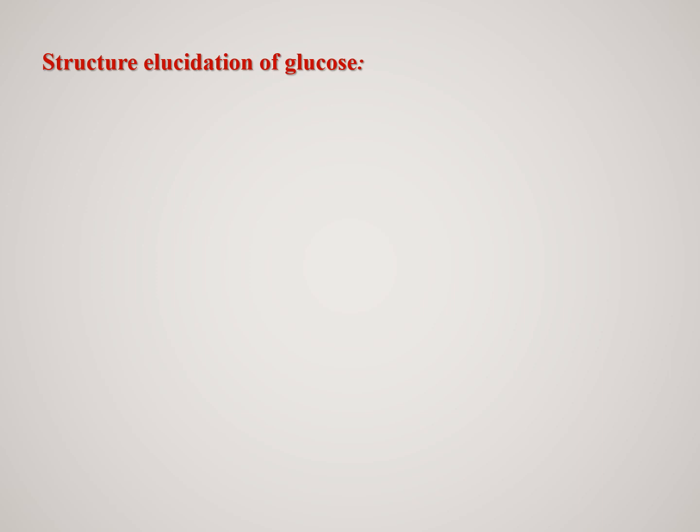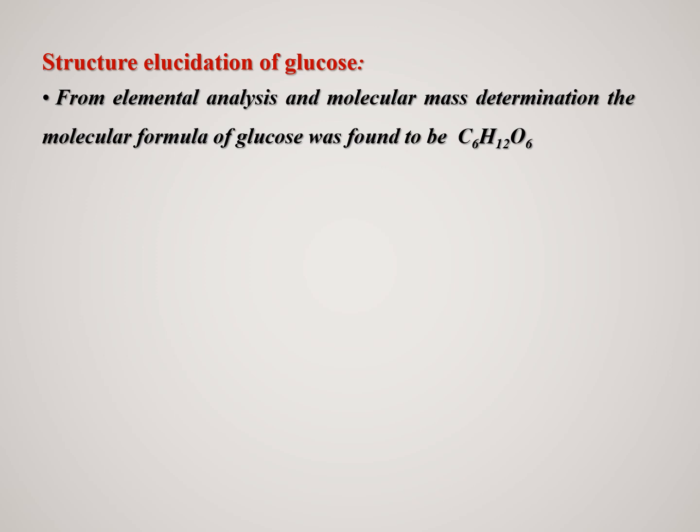So first and foremost, we must try to find out in glucose how many carbon, hydrogen, oxygen elements are present. So we proceed towards something called as the elemental and molecular mass determination. Elemental analysis and molecular mass determination, you must have come across about this in first PUC, where we all had learned the quantitative and qualitative analysis of organic compounds, which help us to identify the elements present.